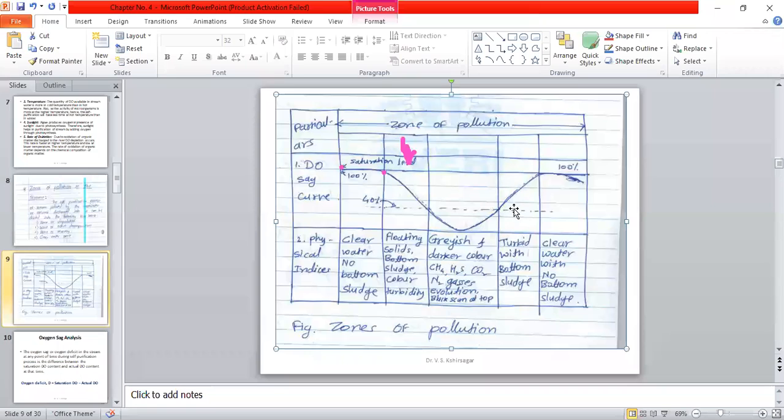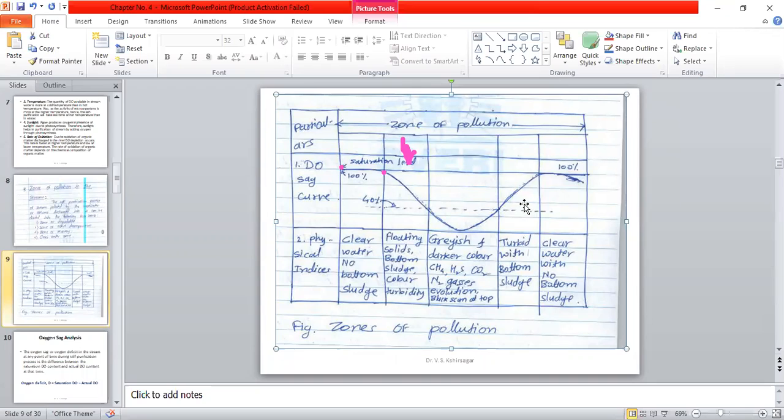This zone is identified as the zone of recovery, where the recovery of water is performed due to the self-purification activity of the stream. The physical indices in this zone will be observed as turbid with bottom sludge. During decomposition, sludge forms and settles at the bottom, and clear water is observed at the surface.